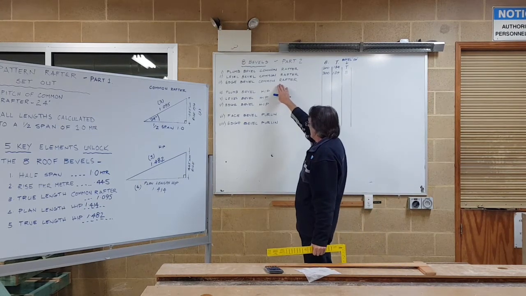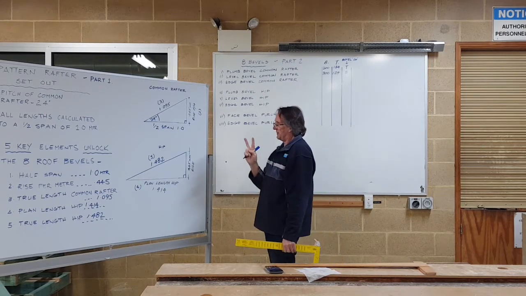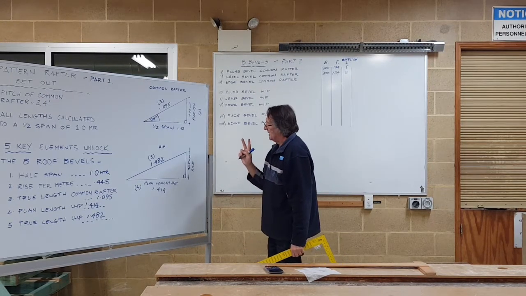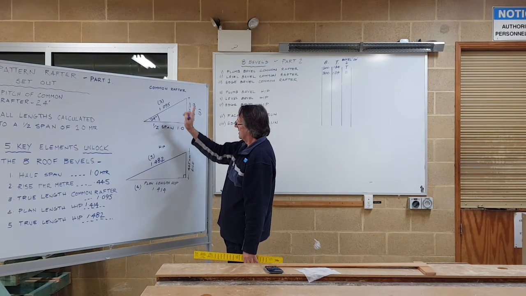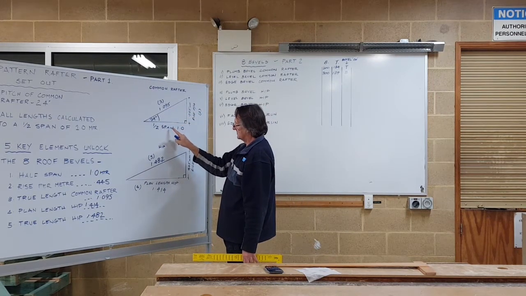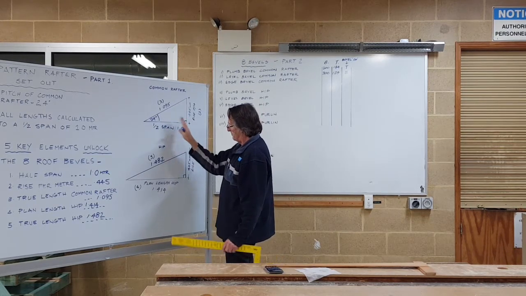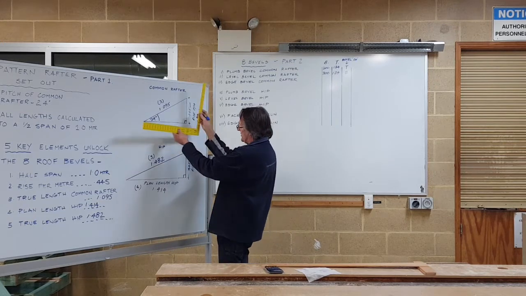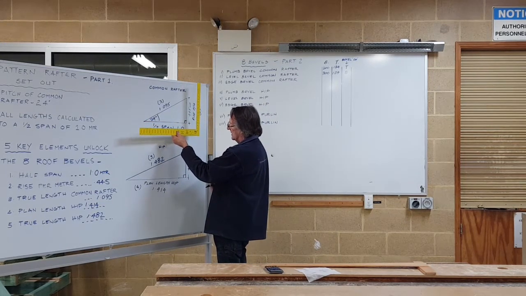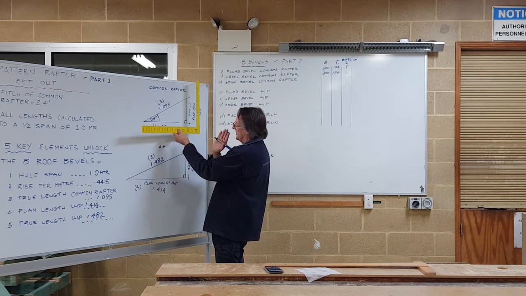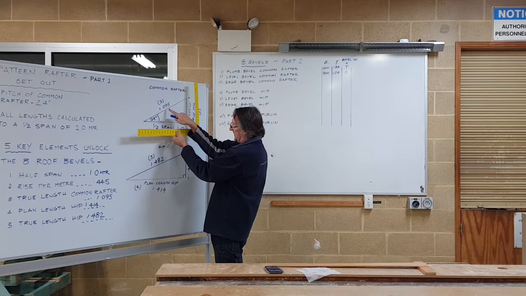The edge bevel common rafter. Well, the edge bevel common rafter is made up of two components, and the two components are true length common rafter and half span. So I have to do the trick of multiplying them by 0.3 to, again, fit them on the steel square. And I'm going to put the longest length on the blade, and that's the true length.